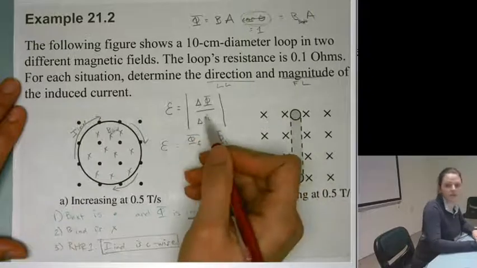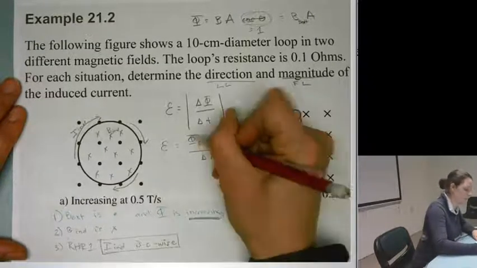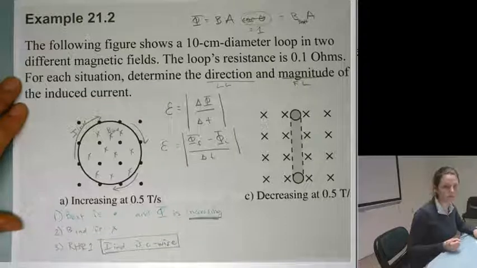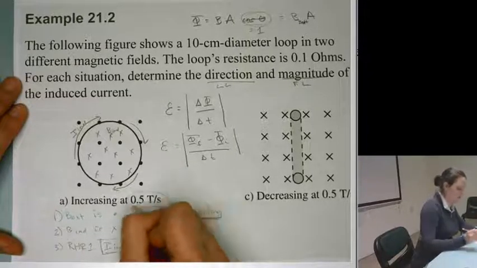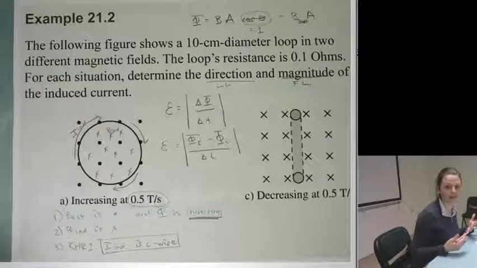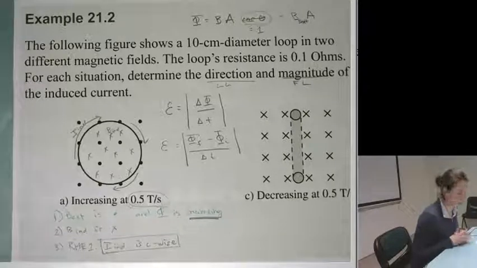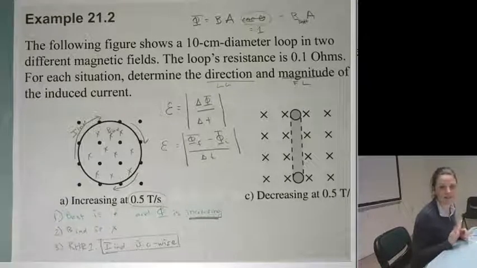A delta is always a final minus initial divided by the time elapsed. Absolute values in there. So flux final minus flux initial. We've been told that it's changing at 1/2 a Tesla per second. So let's say we start at time t0 and the magnetic field is 0 Tesla at t0. What is it at 1 second?